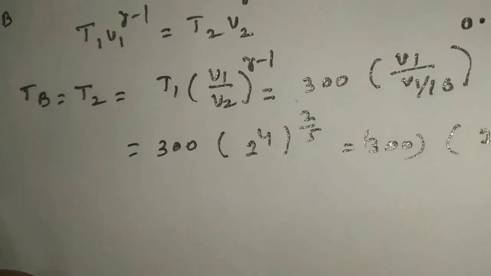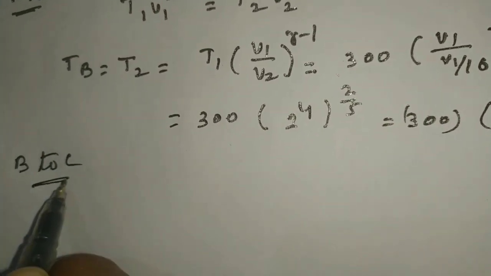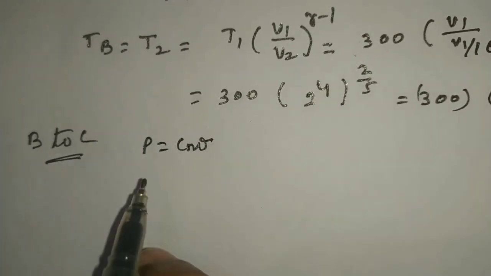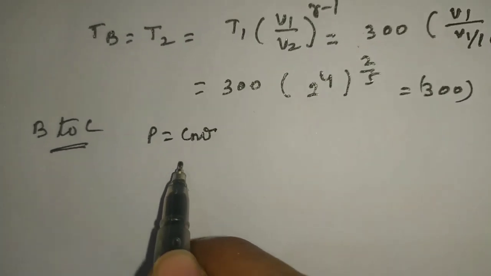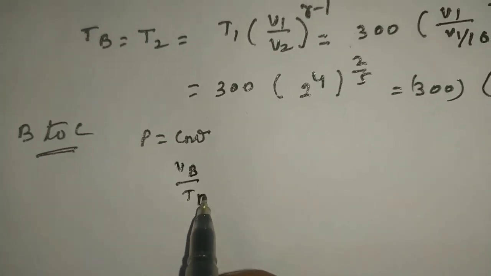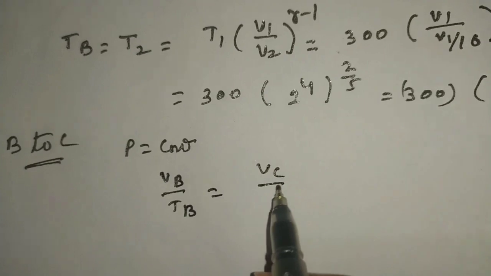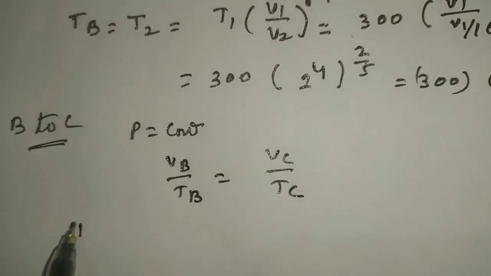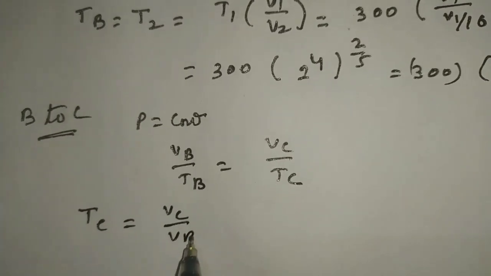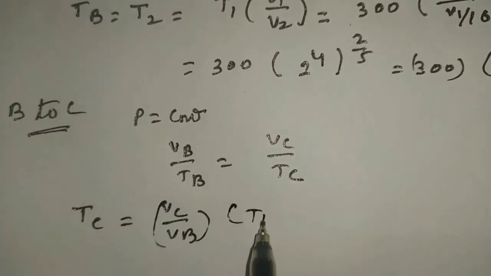Next, consider the B to C process. From B to C, pressure is constant. Pressure is constant means use Charles law, that is V by T is constant. Vb by Tb is equal to Vc by Tc. To find Tc, Tc is equal to Vc divided by Vb into Tb.